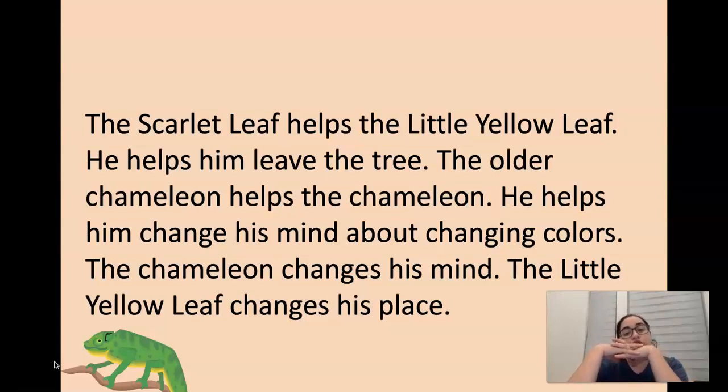He helps him leave the tree. The older chameleon helps the chameleon. He helps him change his mind about changing colors. The chameleon changes his mind. The little yellow leaf changes his place. We can combine almost all of them. Do you guys agree with me? Yes.